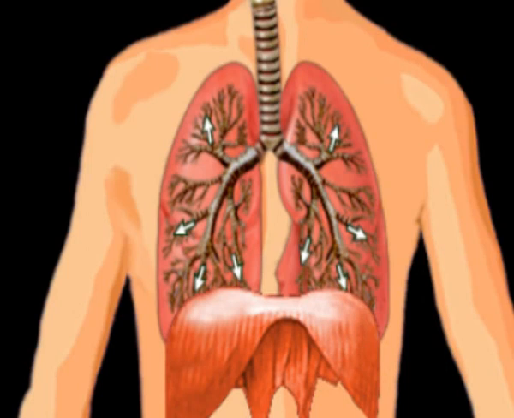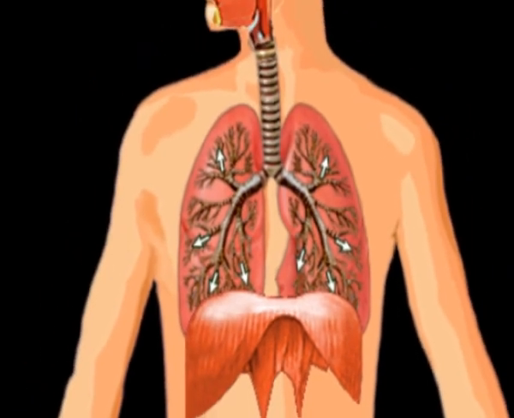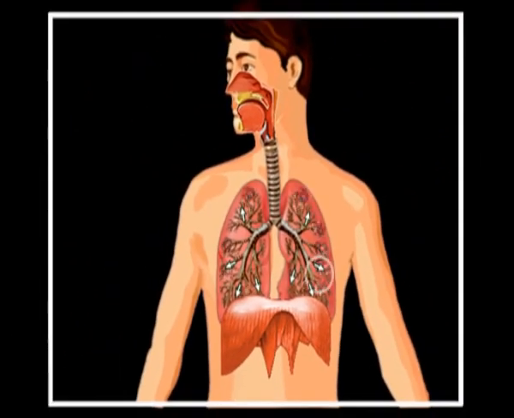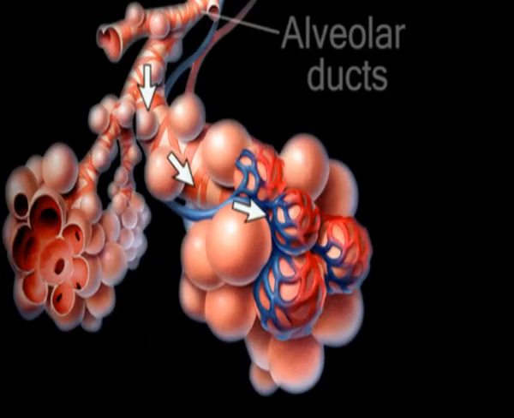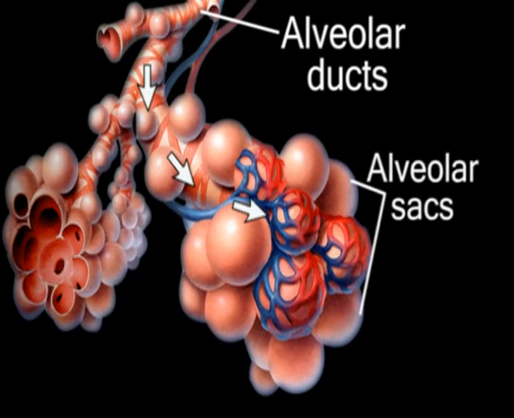The small terminal bronchioles give off respiratory bronchioles which divide into alveolar ducts. The latter enter the alveolar sacs. Alveoli have thin walls which form the respiratory surface.